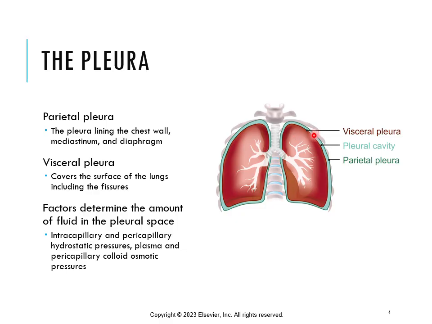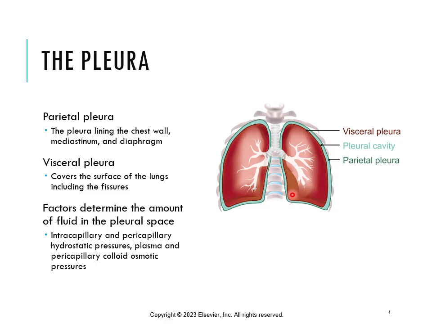In the middle of the 2 pleura is the pleural cavity. So the visceral pleura actually covers the surface of the lung itself, hence the name visceral, and the parietal pleura covers the diaphragm, the outer wall, the chest cavity wall.